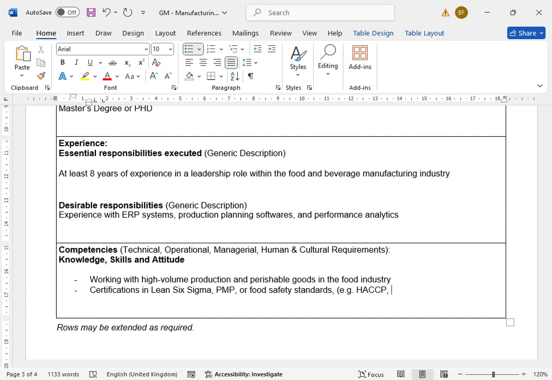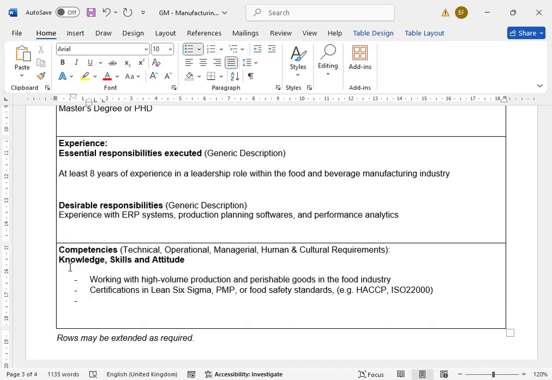And even this ISO, the food risk, ISO 22000. The 9001 is for the documentation, but the 22000, that's for the food risk management. Okay.